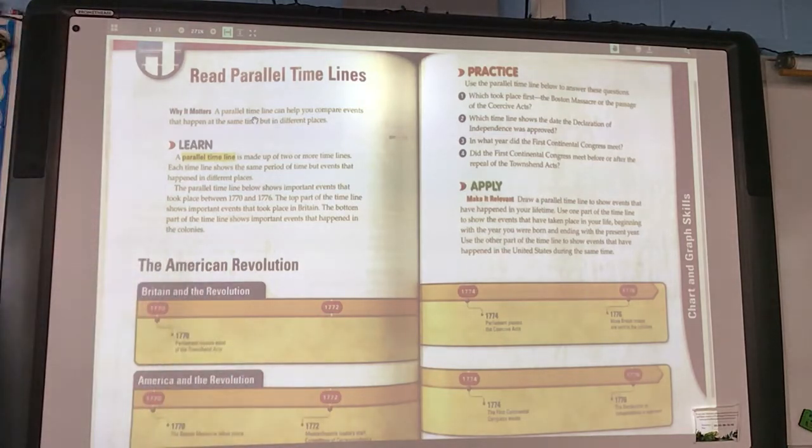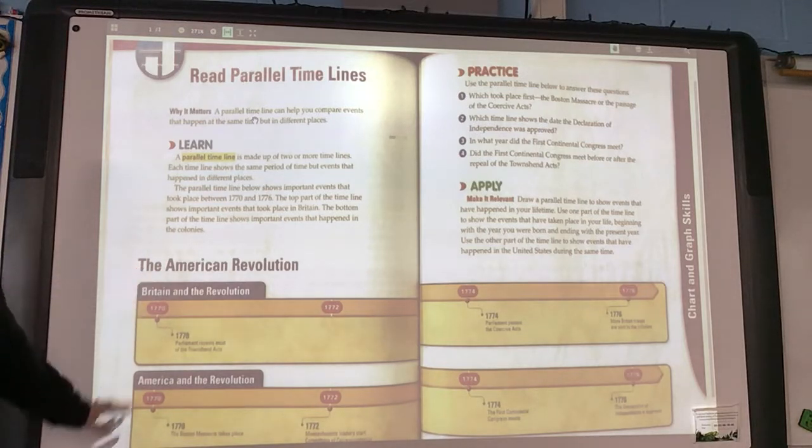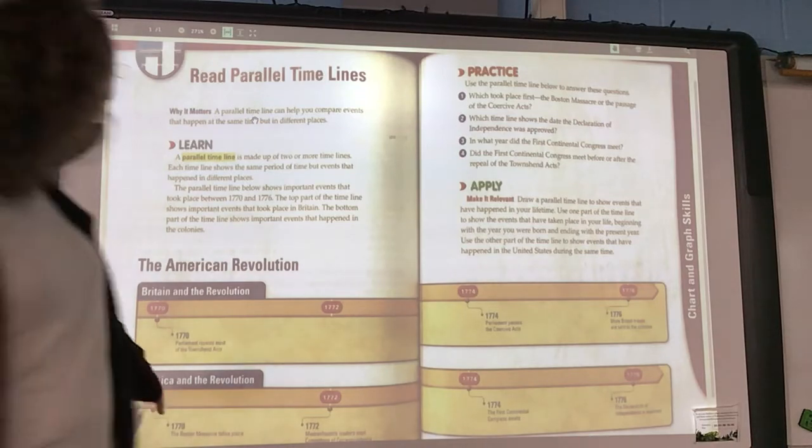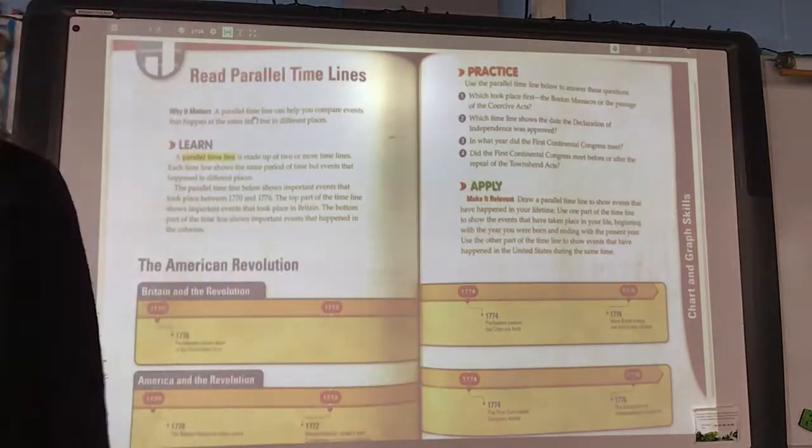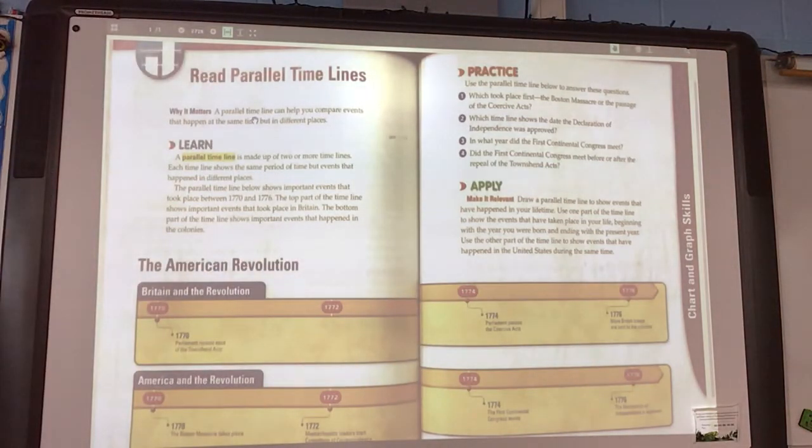Number 2, which timeline shows the date the Declaration of Independence was approved? So the Britain or the American one? Maya? The American. Right, the American Revolution, which is all the way down there. It says the Declaration of Independence approved. Okay, 1776. In what year did the First Continental Congress meet?